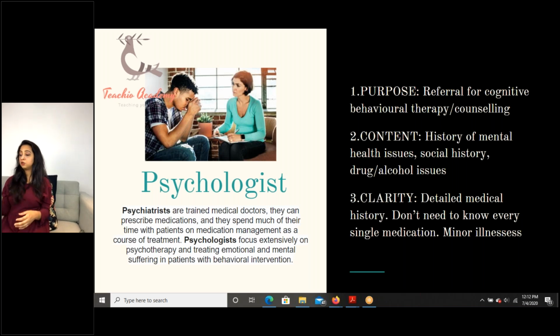So those visits aren't to be included. You do need to include the visits when the patient came to you with anxiety, with depression, with low mood, or any mental health issue. If in one visit they came to you with an infection, but they looked very, very anxious to you, you need to mention that visit as well.